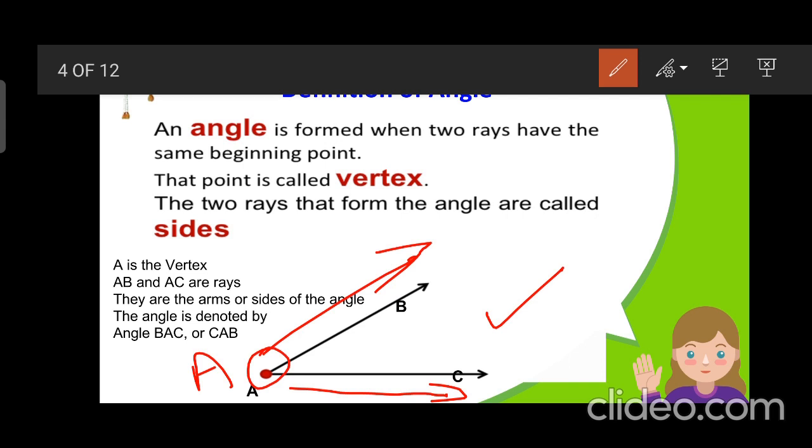They are the arms or sides of the angle. In general terms, we use the term side. The angle is denoted by angle BAC or CAB. BAC or CAB is the angle that is formed.